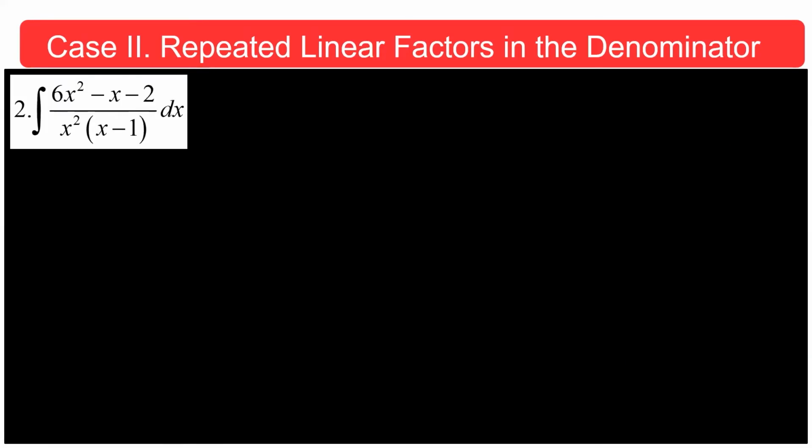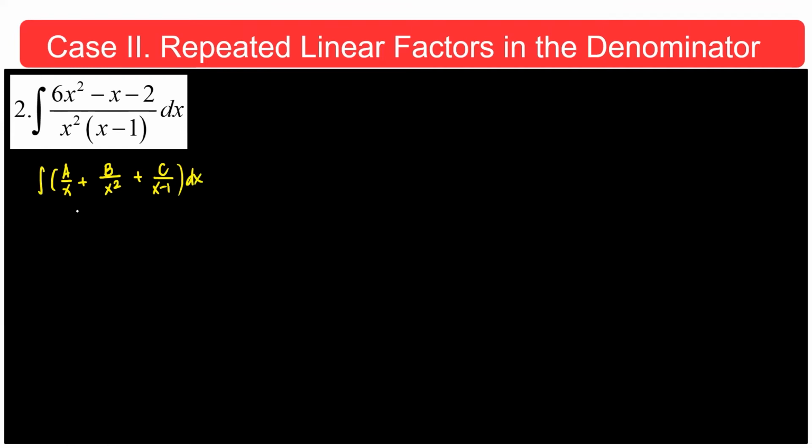Okay, let's try this, guys. A over x plus b over x squared plus c over x minus 1. This is the form. Okay.